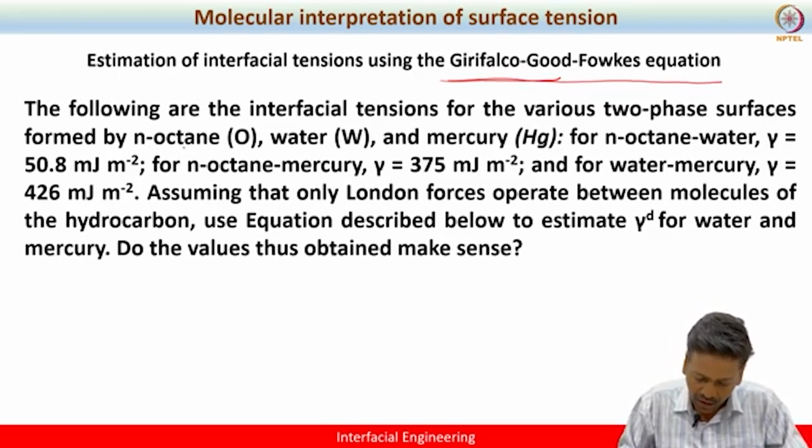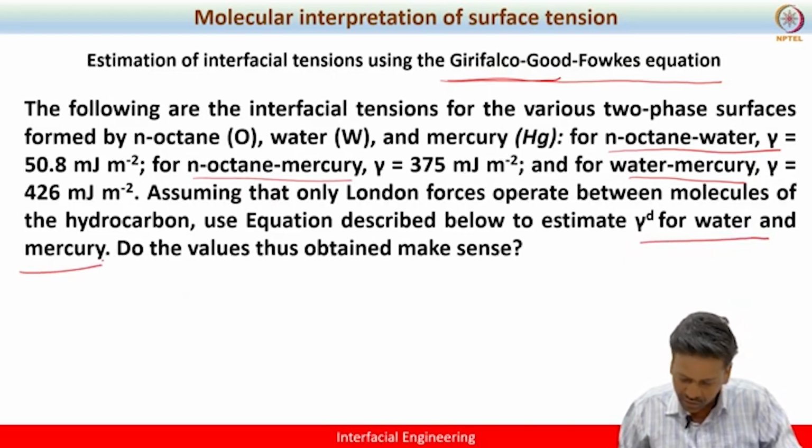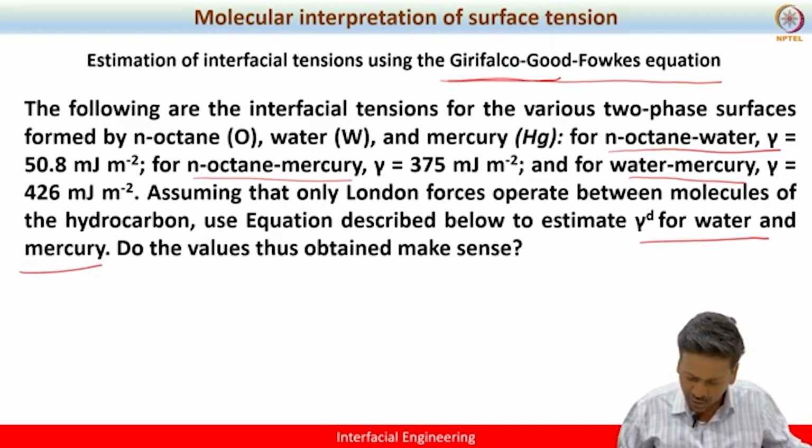Here we have been given the interfacial tension for octane-water, octane-mercury, and water-mercury. What we are asked to find is gamma D for water and mercury. Let's calculate gamma D for mercury, and I leave it to you to calculate gamma D for water.